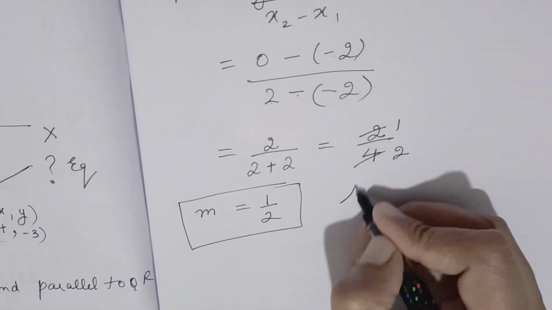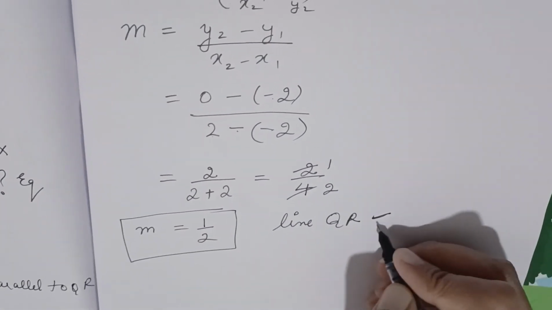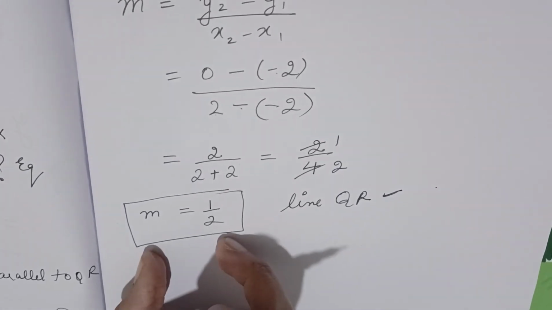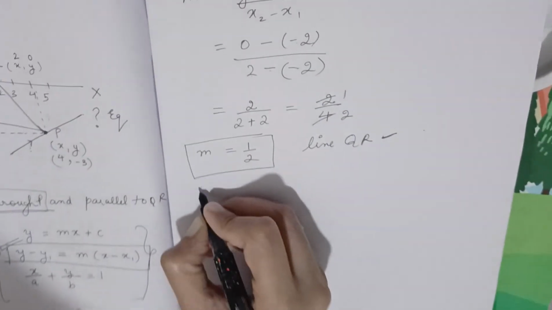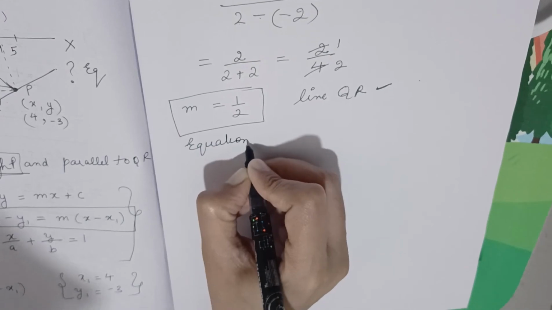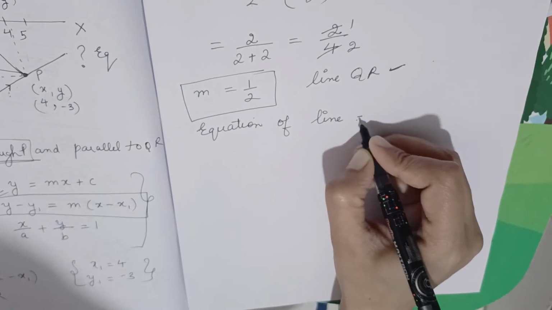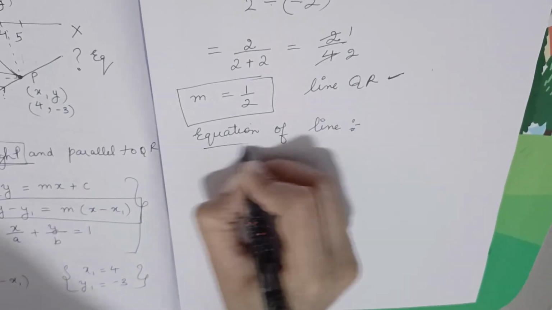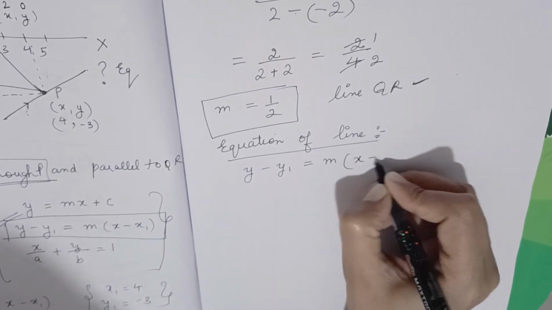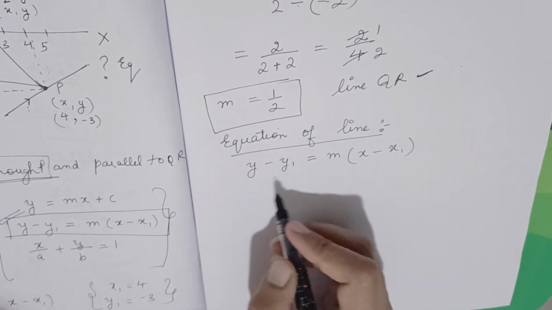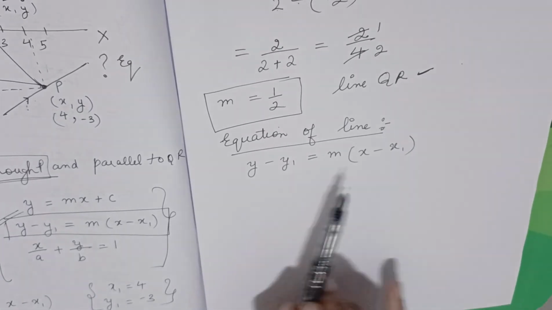And this is the slope of line QR. As we have to find the equation of the line which is parallel to QR, this slope is equal to the slope of our required line also. So I will just rewrite my equation of line. The equation of line is y minus y1 equals m into x minus x1. y and x we will not change, only we will be substituting the values of x1 and y1.